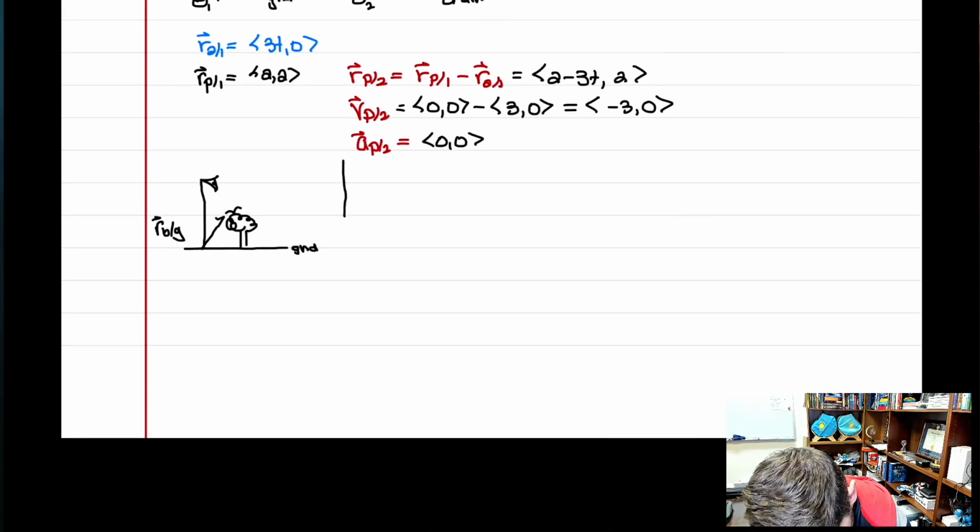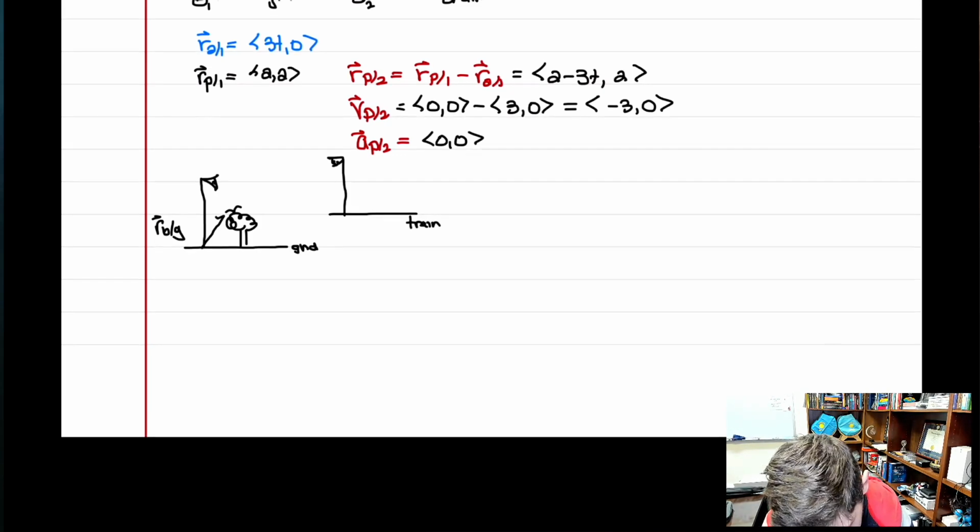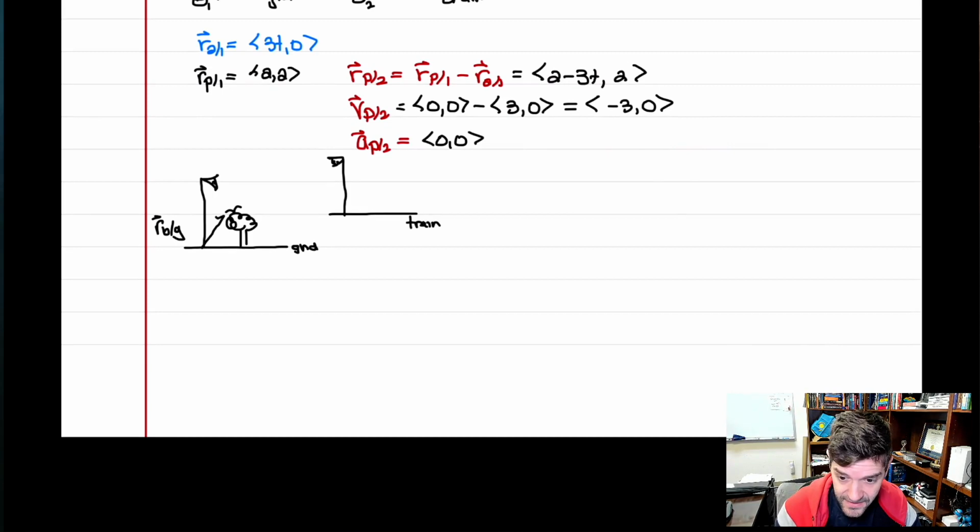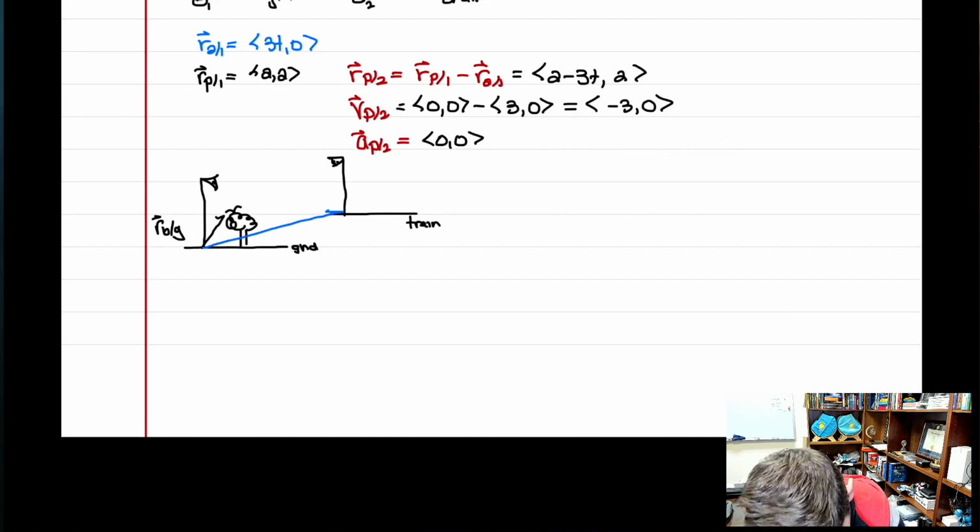And then maybe there's a train. That's someone sitting down looking out the window of the train. So they're stationary relative to the train. They could have some observation and there's some connection between the train relative to the ground.